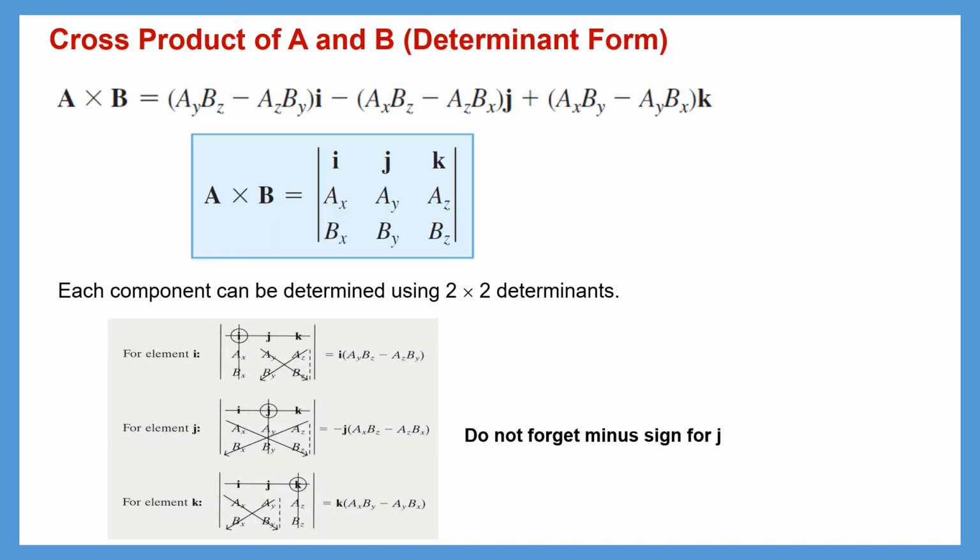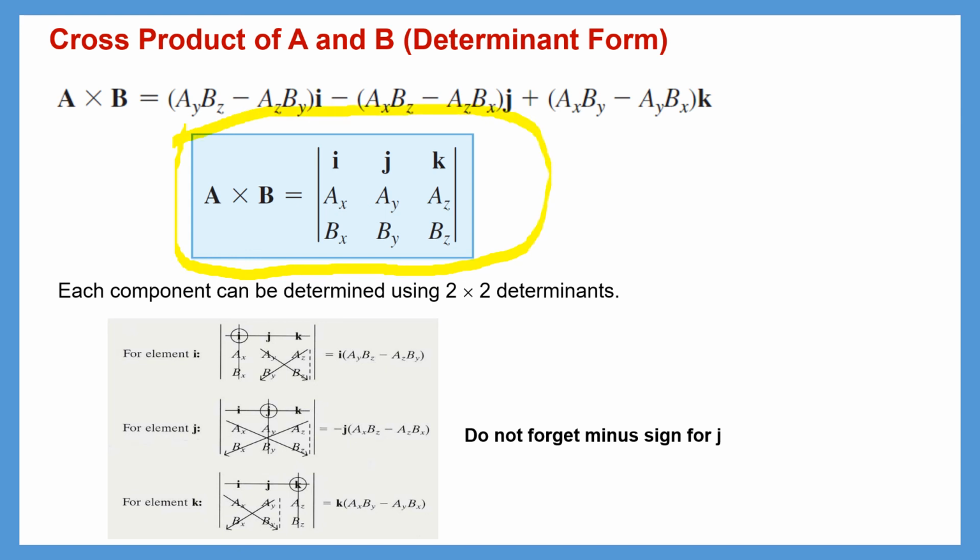We can calculate the cross product of two vectors in Cartesian vector notation by applying distributive law. But it is a little bit complex. So to calculate the cross product of A and B, we can apply determinant. It is easier.